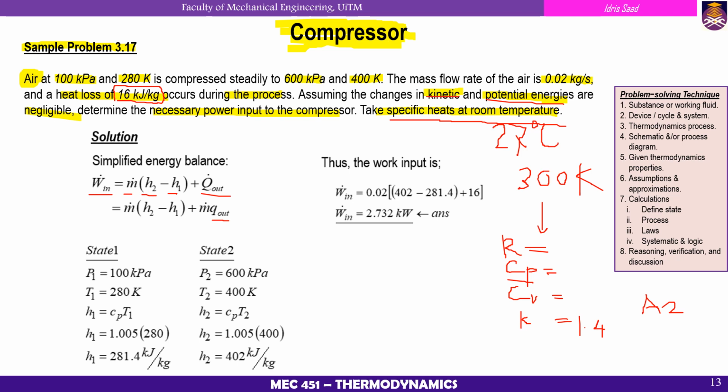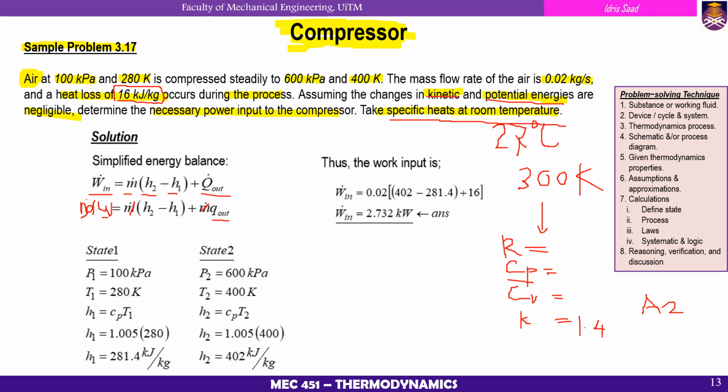So this is m dot, this is m dot. Basically, this is equal to m dot times specific work. If you want to determine the specific work only, then we can cancel out m dot.